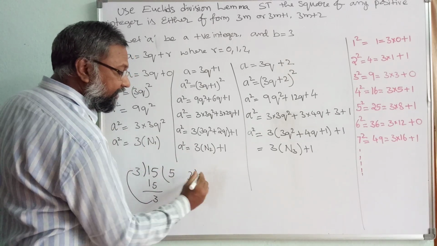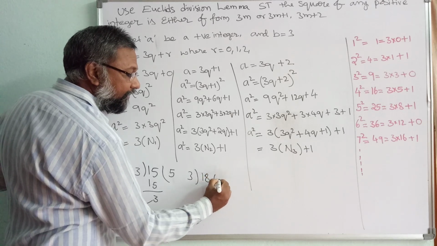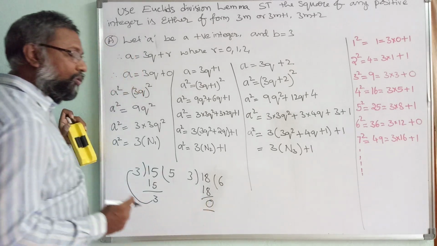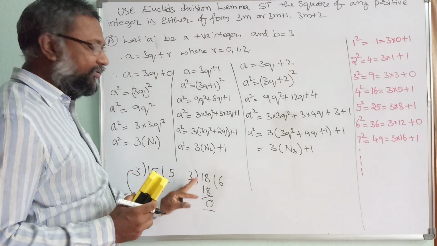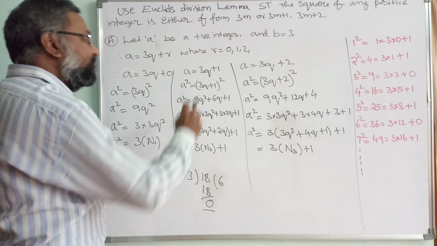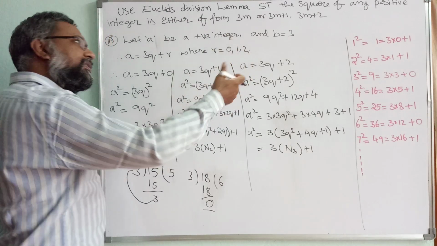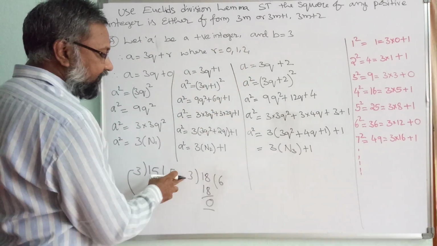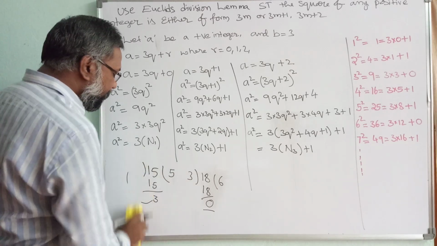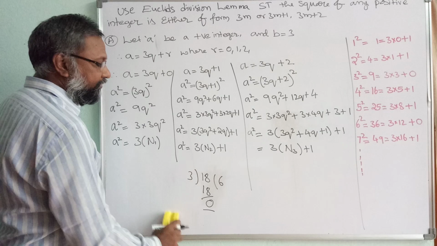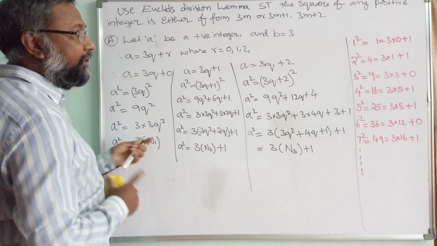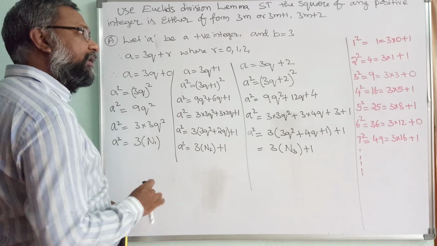If you take 18, 6 times, therefore the remainder is again 0. This is the general division I have taken as an example, and here we got 3 conditions: 0 or 1 or 2. 3 never comes, because then the remainder would be equal to the divisor. So we have 3 conditions: the remainder is equal to 0 or 1 or 2.